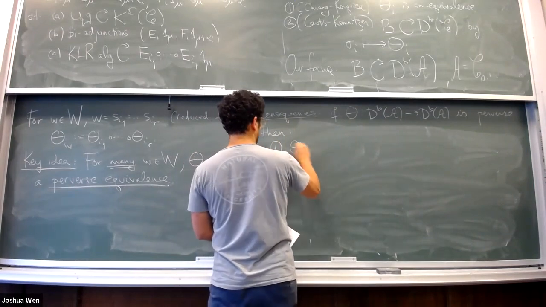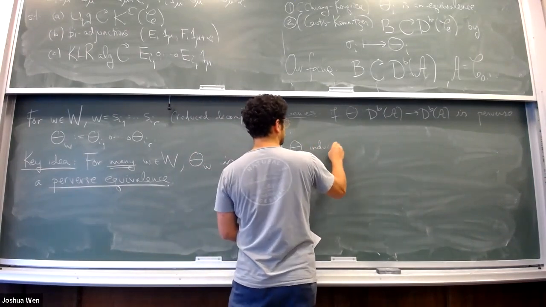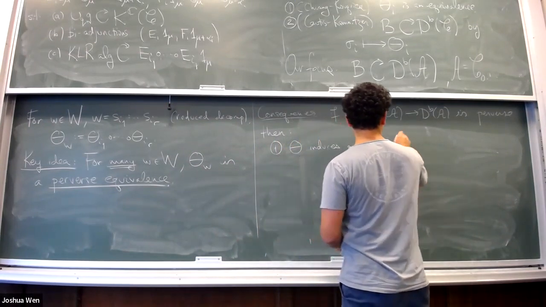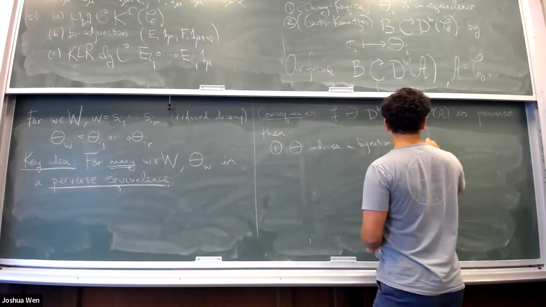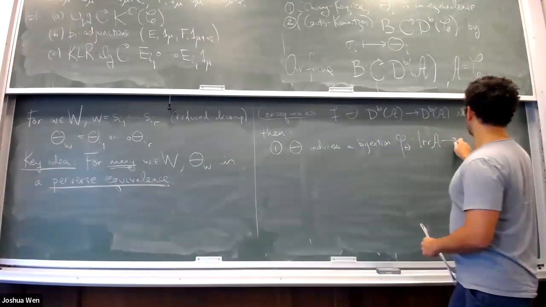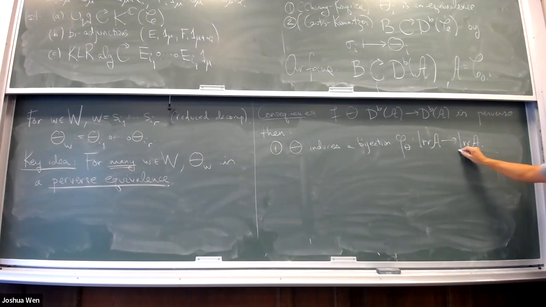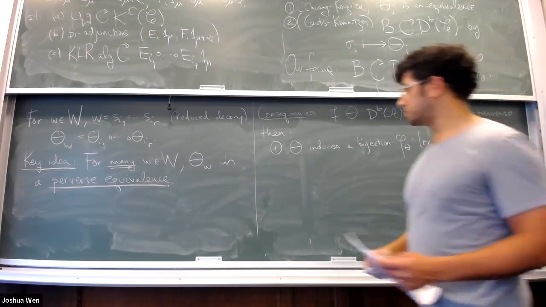One, theta induces some bijection, I'll call phi sub theta, on the set of simple objects in my abelian category. Here, Irr A is my notation for simples in A up to isomorphism.